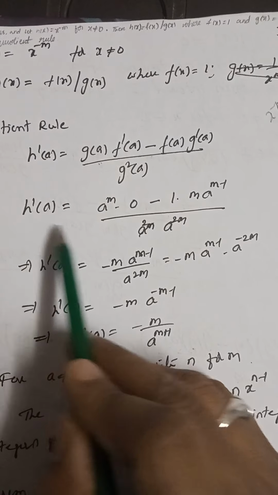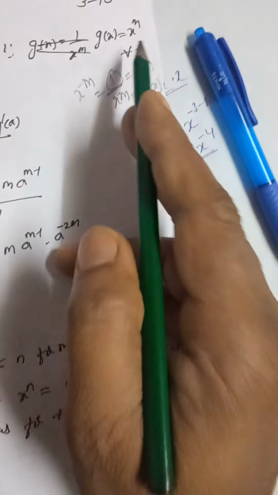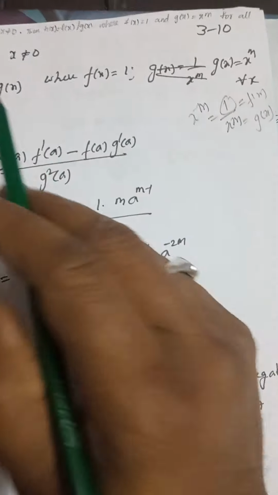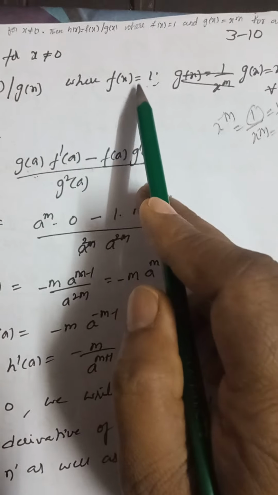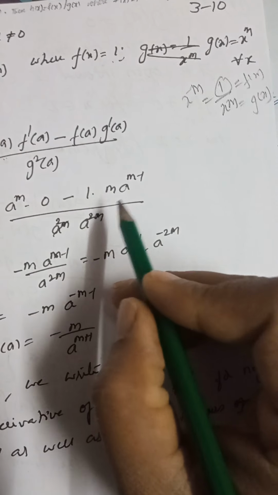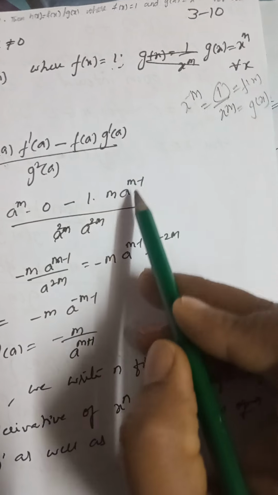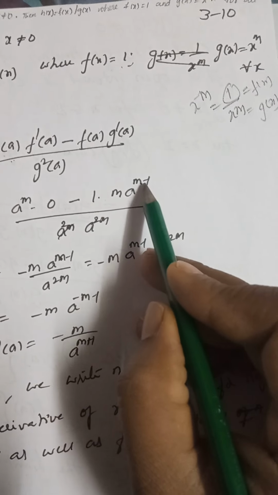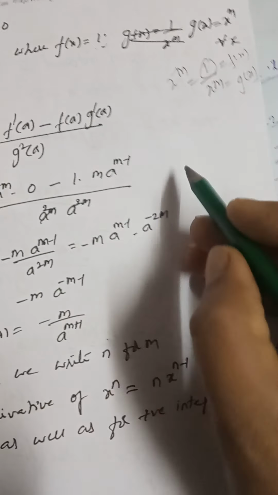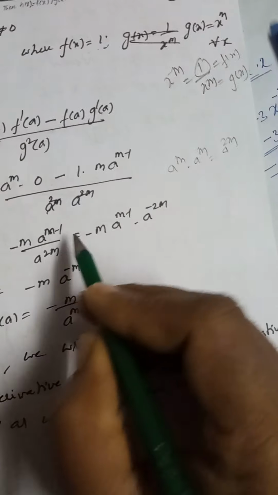Therefore h dash of a is equal to: g of a is a power m, into f dash of a, the derivative of a constant, which is 0, minus f of a, which is 1 only, because there is no x, into g dash of a, which we know is m into a to the power of m minus 1, by g of a whole square. That means a power m into a power m, which is a power 2m.